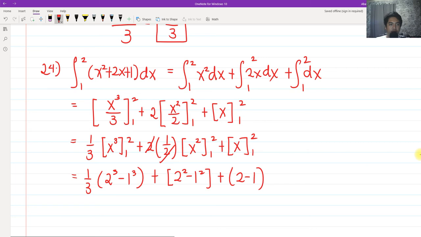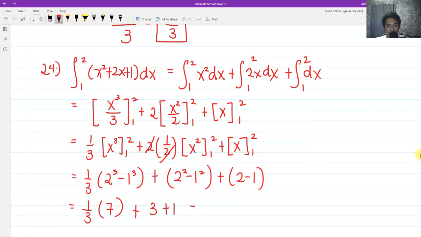Let me just replace this with simple parentheses because we have already evaluated the limit. So you have 1/3. 2 cubed is 8, 1 cubed is 1, so 8 minus 1 would become 7. Plus we have 2 squared is 4, 1 squared is 1, so we have 4 minus 1, that is 3. And then 2 minus 1 would be 1.